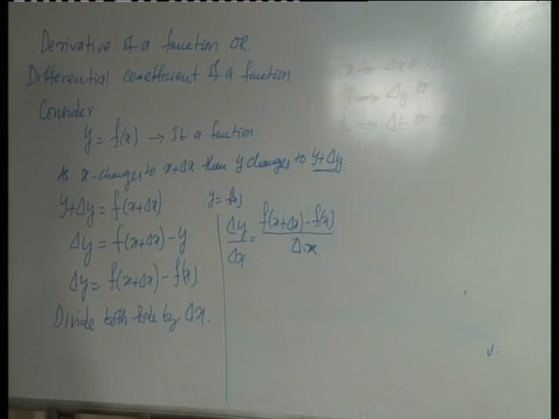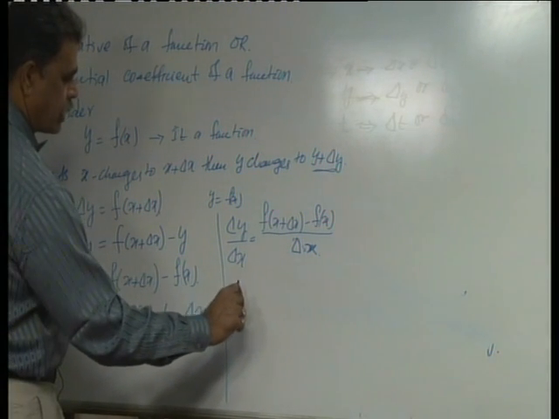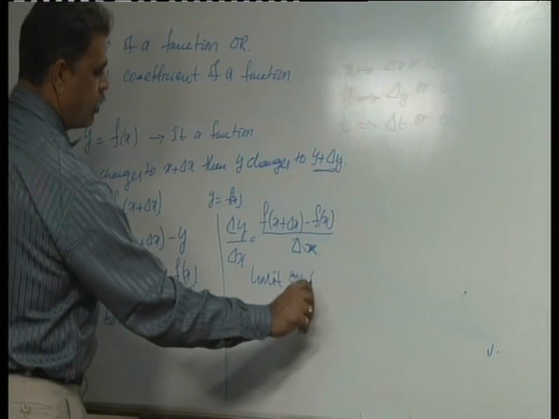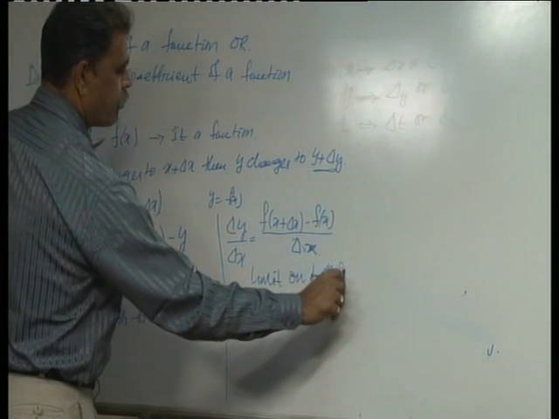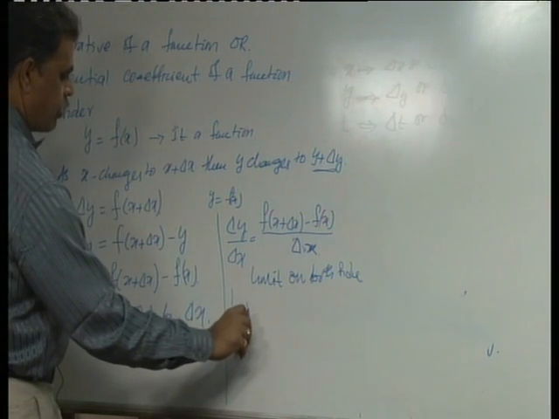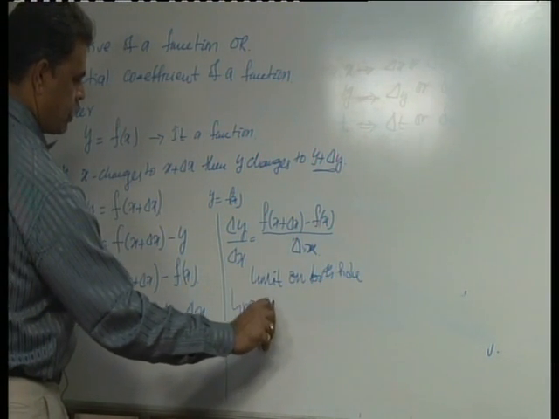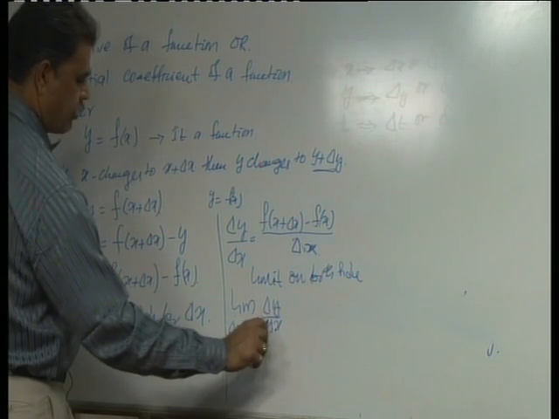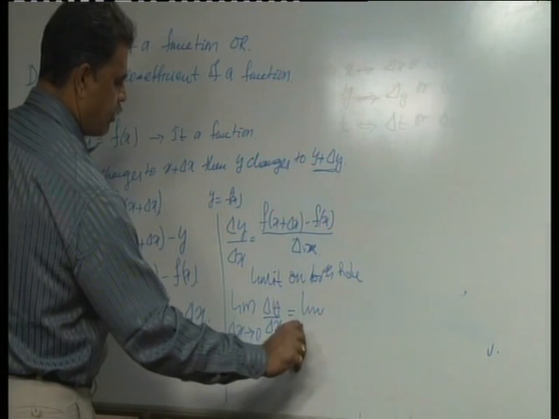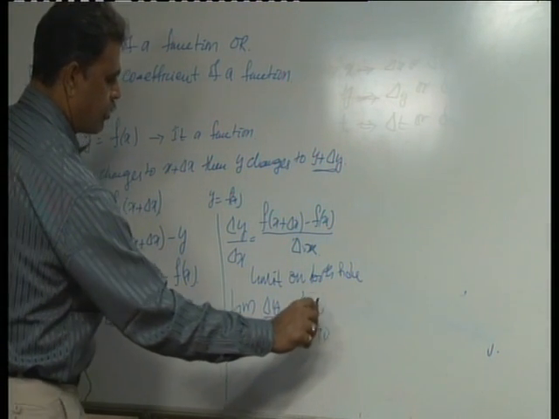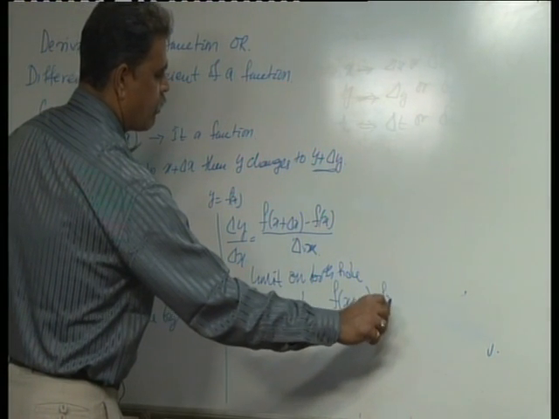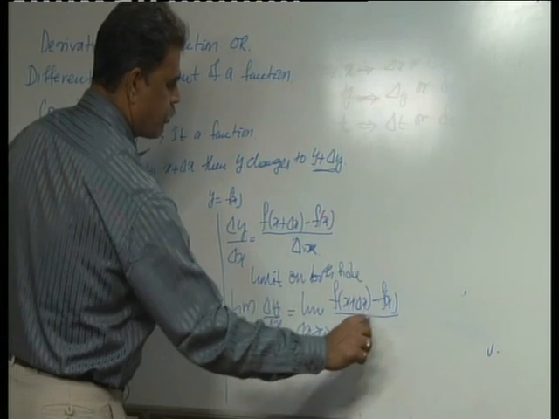Differentiation is an extended phenomenon of limit. That's why we have to take limit on both sides. Therefore, limit of delta y by delta x as delta x tends to 0, that is equal to limit delta x tends to 0 of f of x plus delta x minus f of x, whole divided by delta x.